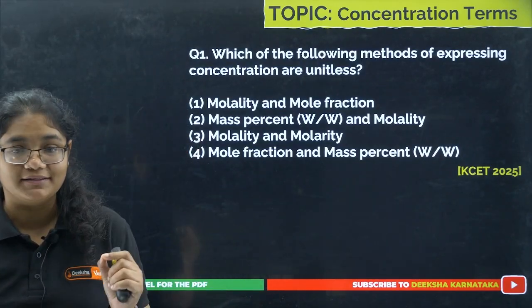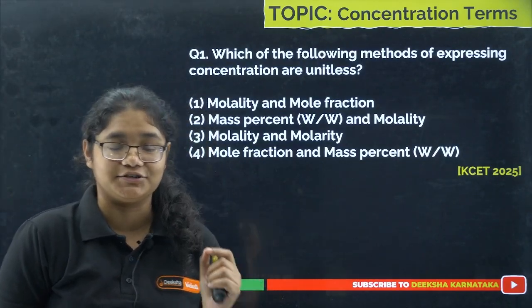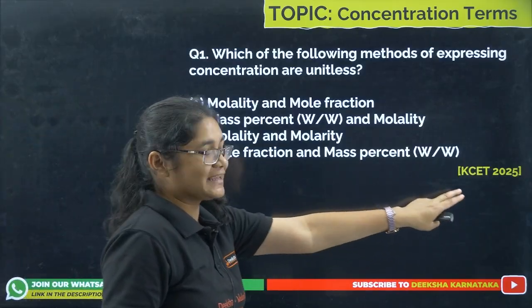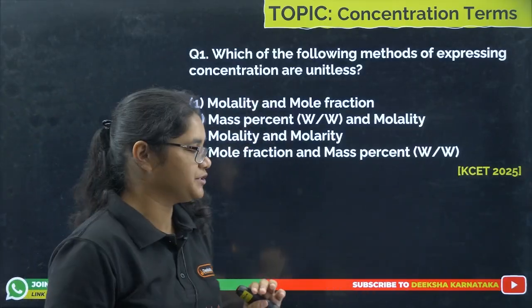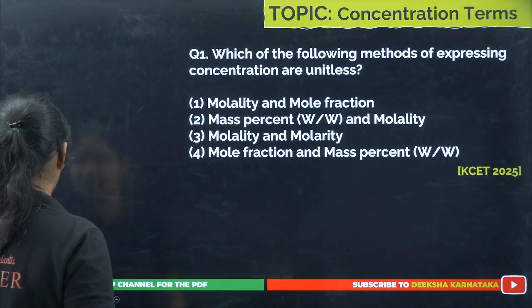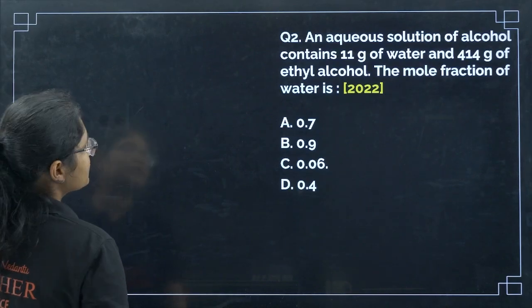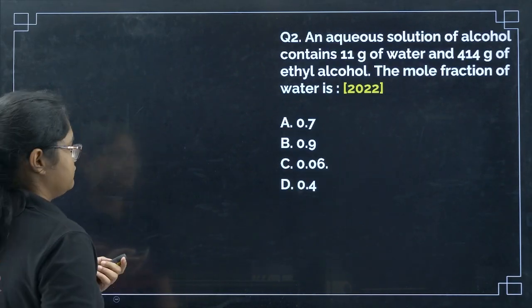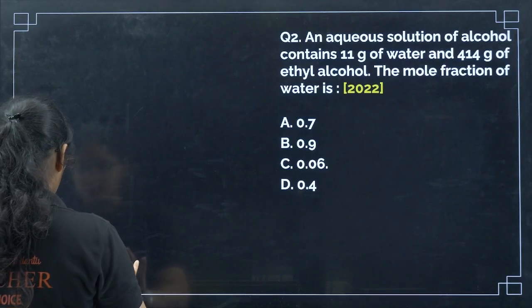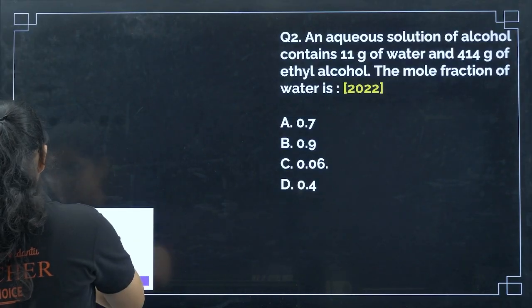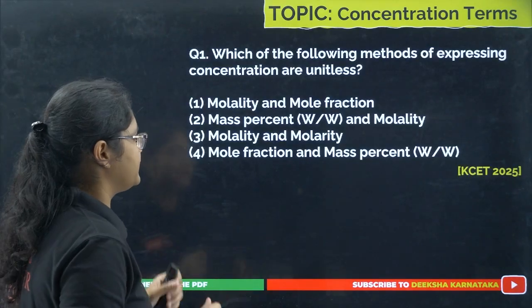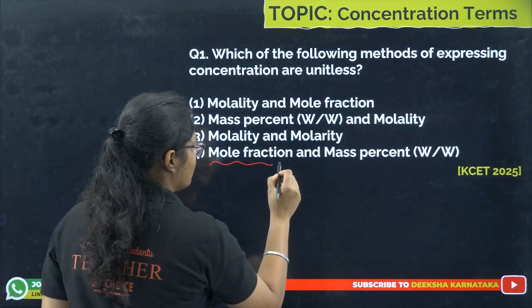Which of the following methods of expressing concentration are unitless? This is a KCET 2025 question. We have certain quantities which are unitless. One of them is definitely mole fraction.